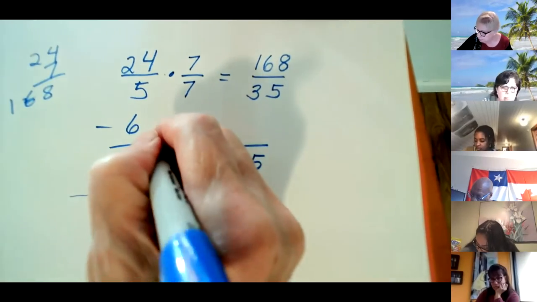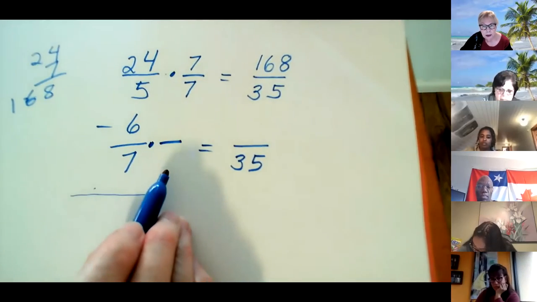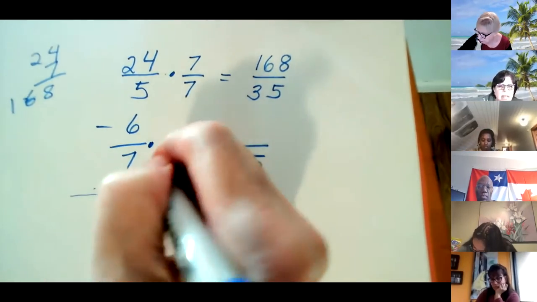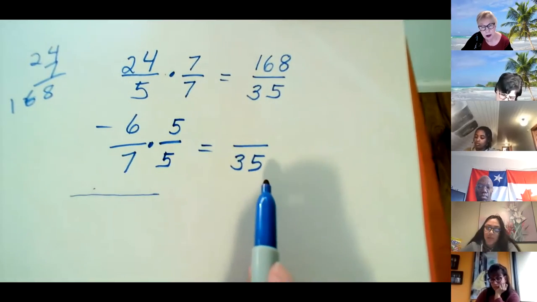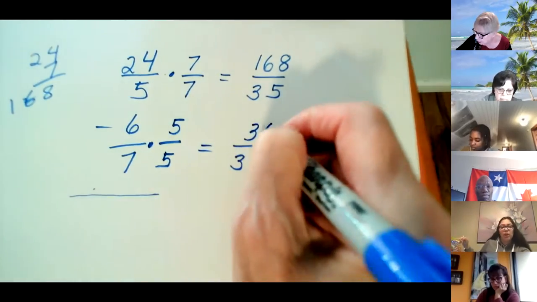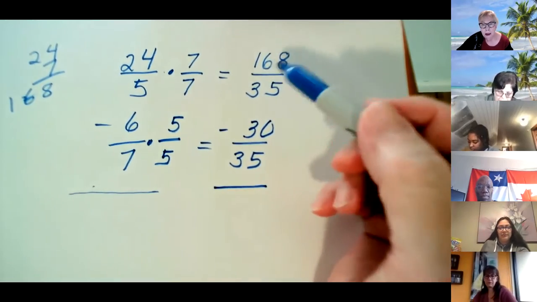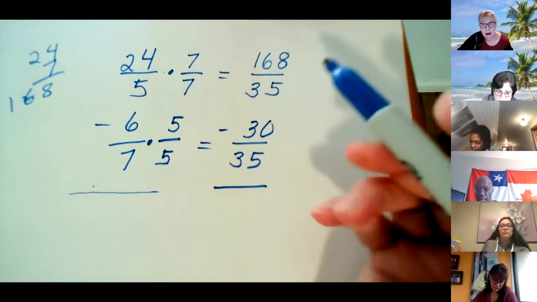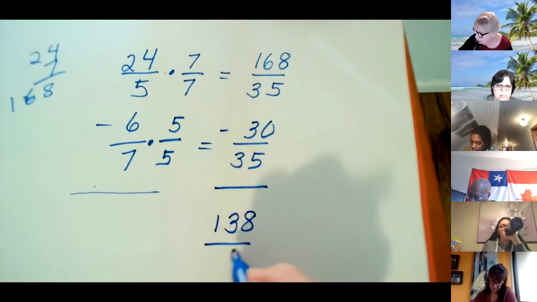This one here, 7 times what? 7 times 5 is 35. 6 times 5 is 30. This has to be subtracted. 168 take away 30 would be 138 divided by 35.